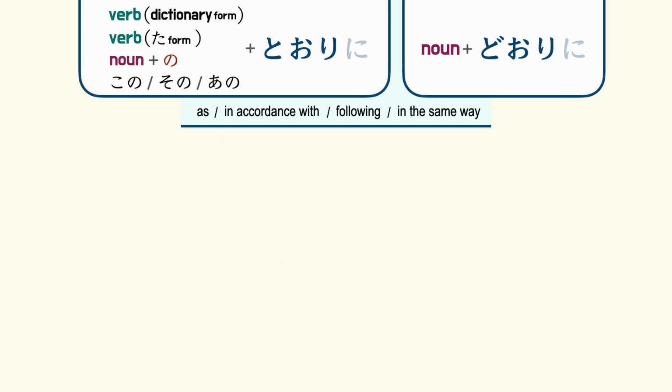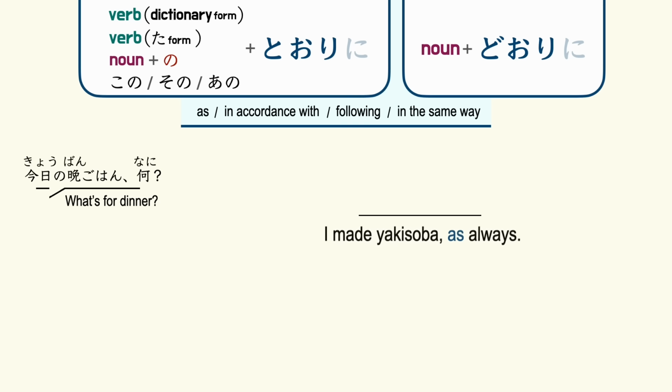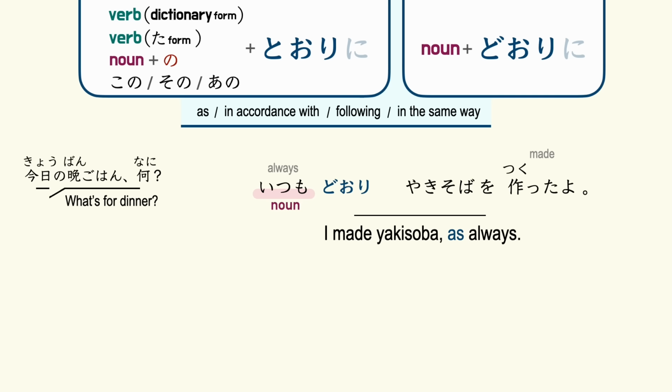Alright, let's look at more examples. If someone asks you, 今日の晩ご飯何? What's for dinner tonight? To say, I made yakisoba as always, it'd be, いつも通り焼きそばを作ったよ。Here, I would not add ni, because I'm not talking about how I made yakisoba here.